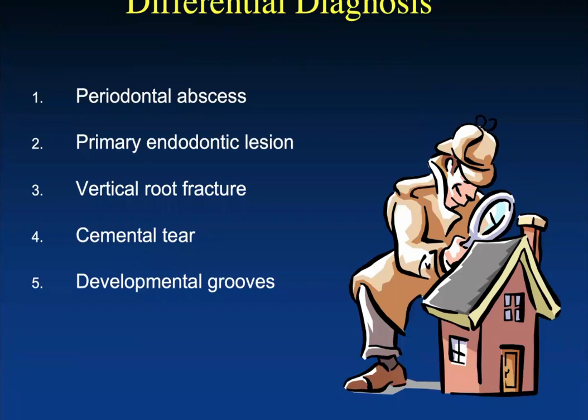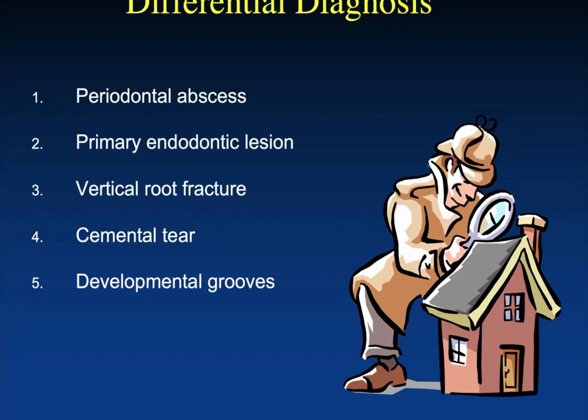Now, an interesting differential diagnosis. This is how my brain works. Simply, I put down the differential diagnosis and I start to exclude them. So when you have a sudden deep pocket and you want to know what's happening here, is it a periodontal abscess? Usually the tooth is vital. Is it a primary endodontic lesion, where the tooth is necrotic?